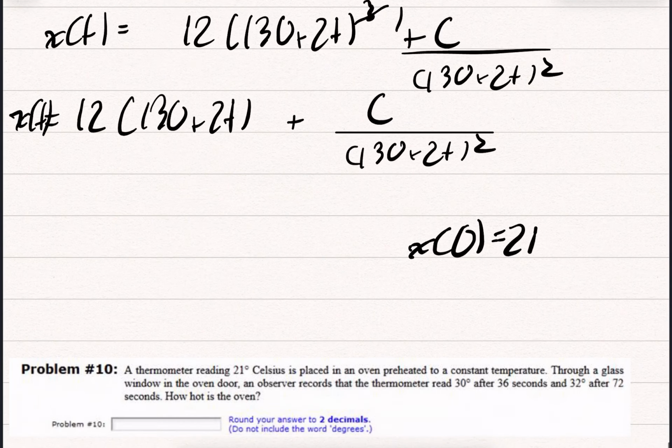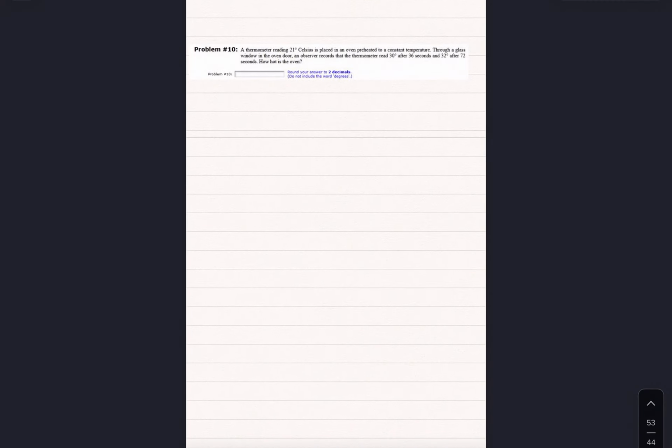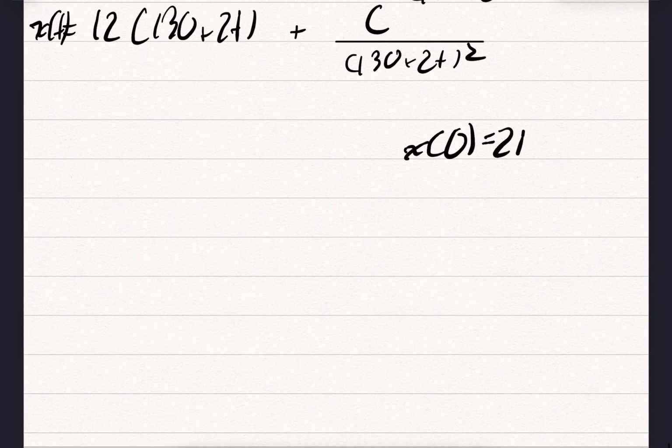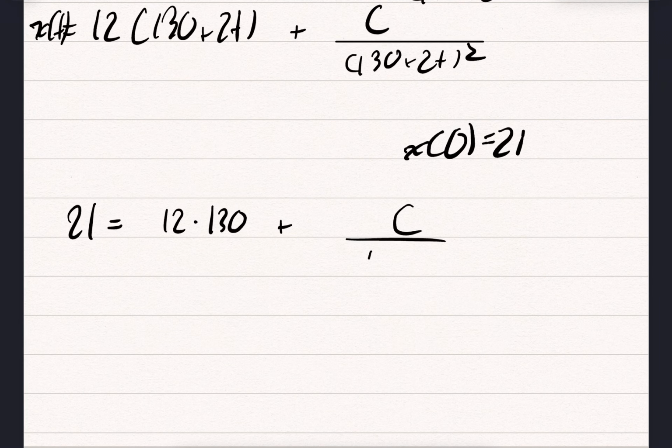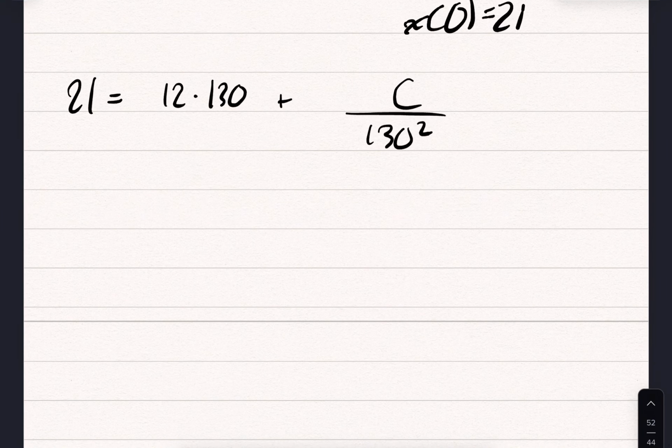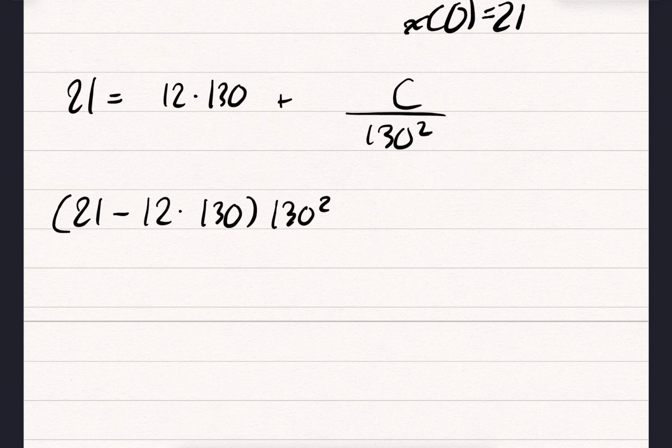Which means that we could do a very quick solution, being that 21 equals 12 times 130 plus c over 130 squared. 21 minus 12 times 130 times 130 squared equals c.